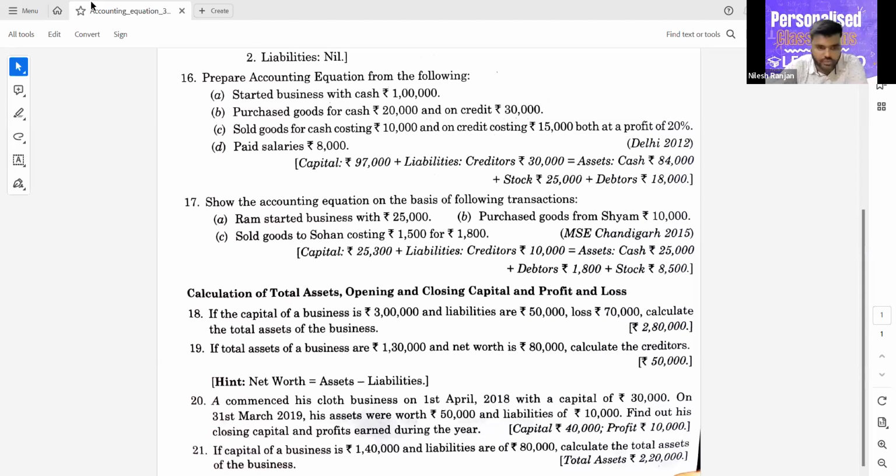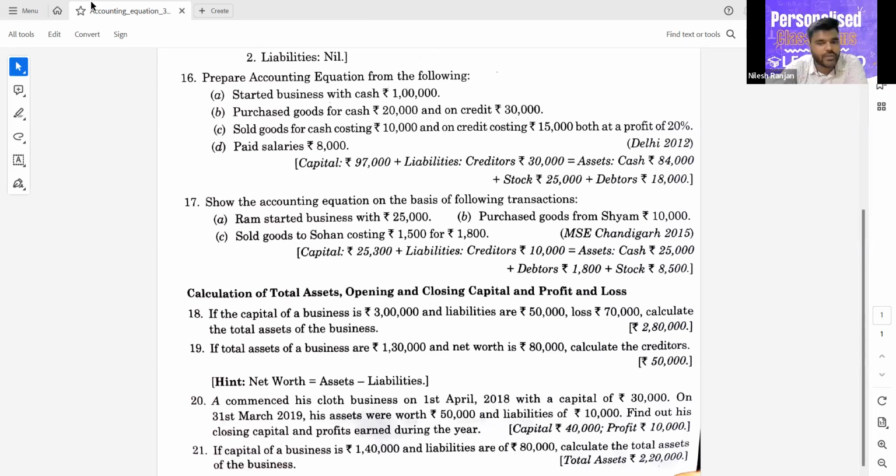But the assets and liabilities that are given, you can see, on 31st March 2019, his assets were worth rupees 50,000 and liabilities of rupees 10,000. This means the capital given is opening capital, and the assets and liabilities are closing, that is, at 31st March 2019.